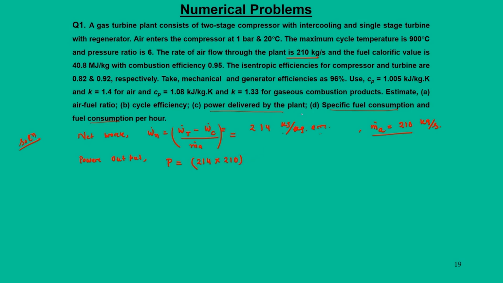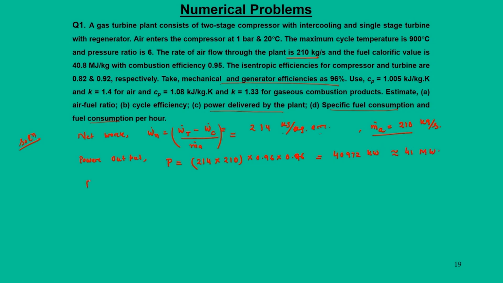Then we have to introduce the mechanical and generator efficiencies, each 96%. We multiply 0.96 into 0.96, because there are two efficiencies, mechanical and generator. So, this number is 40972 kilowatt, or approximately 41 megawatt.